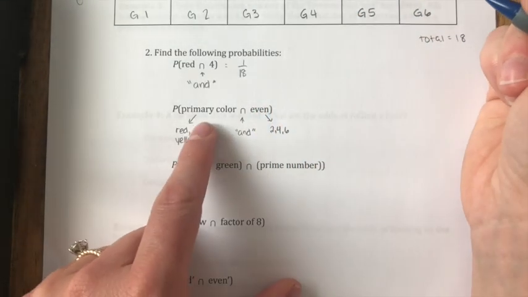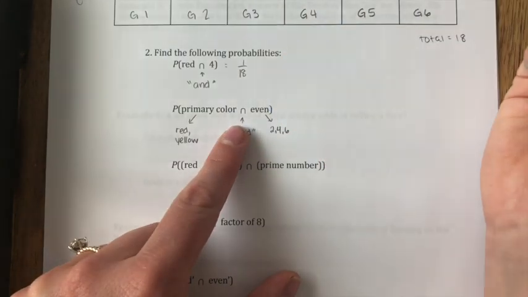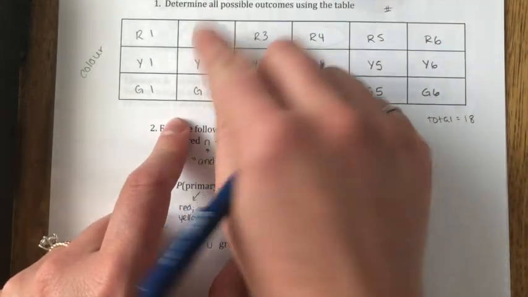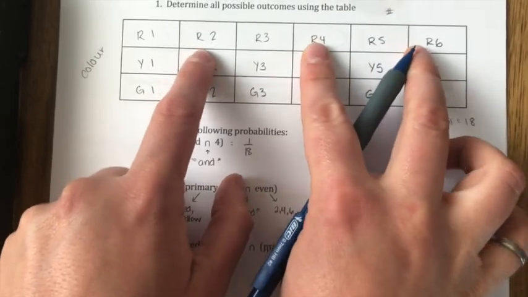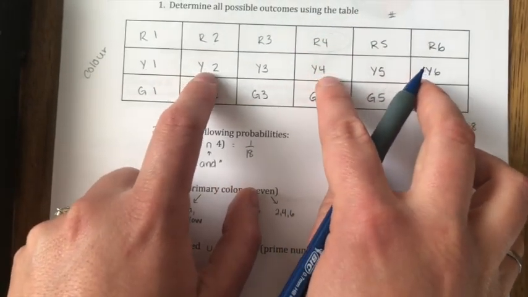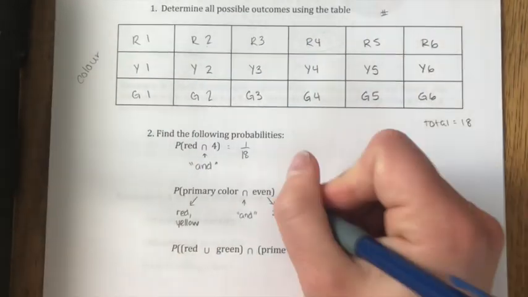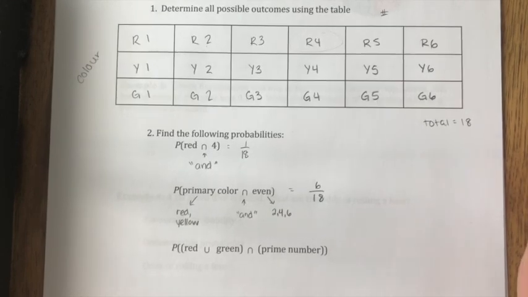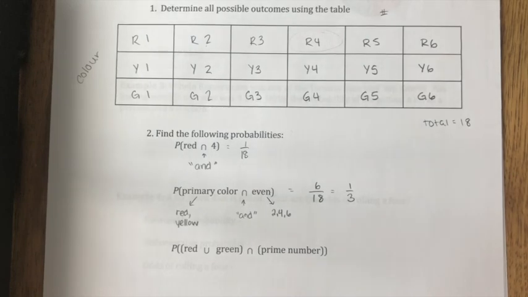Okay, so we want a primary color and it to be even. So there's a few different options for this. So it could be red, and then we could have 2, right? Or 4 or 6. Or it could be yellow, 2, 4, or 6. So that's 1, 2, 3, 4, 5, 6 options out of the 18 possible. Okay, and then we're going to reduce that fraction because we should always be reducing our fraction. So that's 1/3.